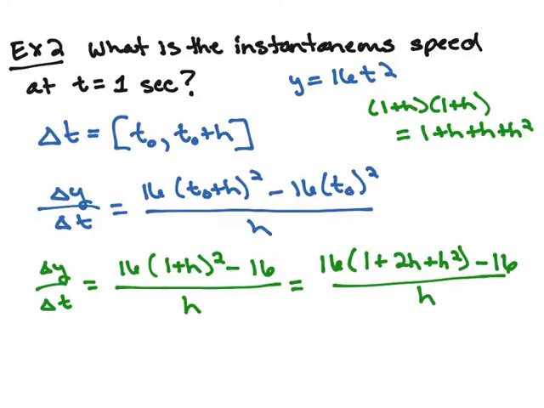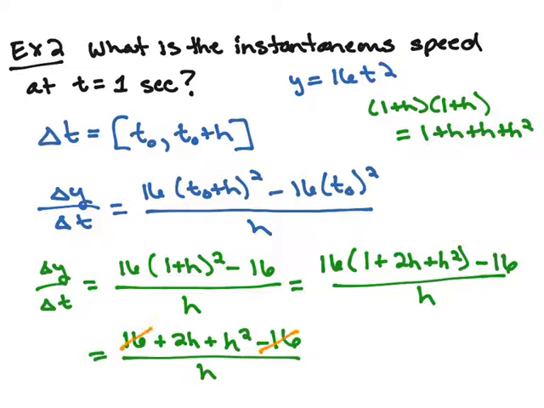Then I'm going to distribute that 16, and I get 16 plus 2h plus h squared minus 16 all over h. Well, 16 minus 16 goes to 0. And every term has an h in it, so in the numerator I can factor out an h, and that'll leave me with 2 plus h.